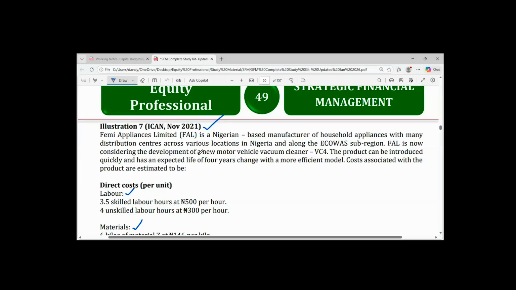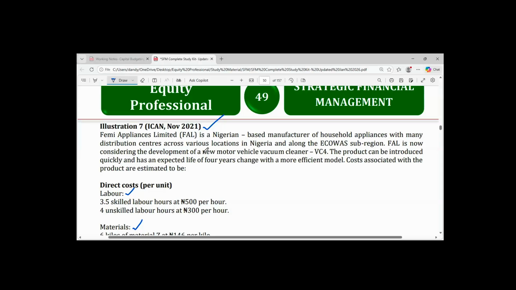All right. So Femi Appliances Limited is a Nigerian-based manufacturer of household appliances with many distribution centers across various locations in Nigeria and along the ECOWAS sub-region. FAL is now considering the development of new motor vehicle vacuum cleaner, VC4.